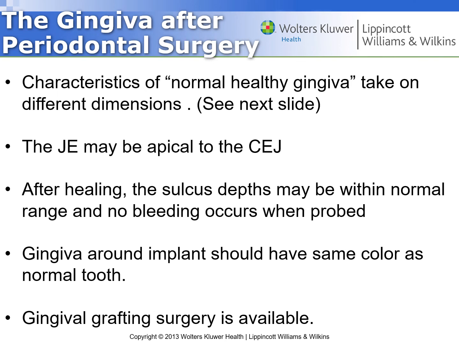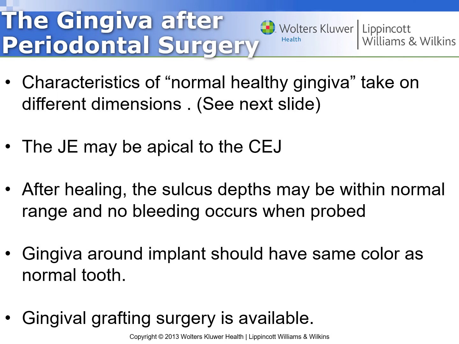After surgery, the junctional epithelium may be apical to the CEJ, meaning below it. After healing, the sulcus or pocket depths may be within normal range and no bleeding occurs when they're probed, even though they don't appear healthy at first.